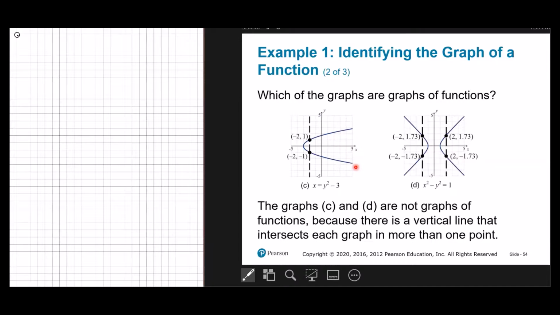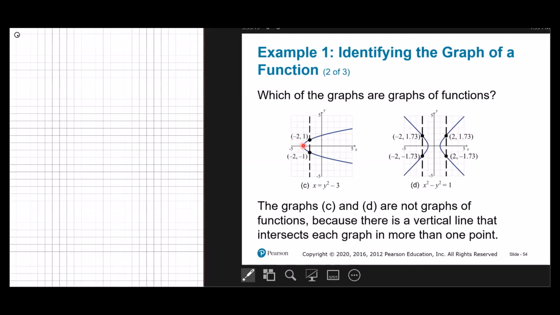All right, here are two examples of two graphs that are not functions, because some vertical line hits the graph at more than one point. So in the case of letter C, there's only one vertical line that will hit it at exactly one point.